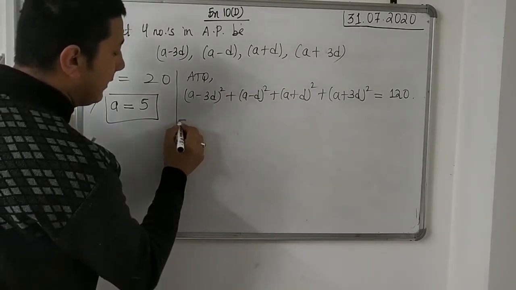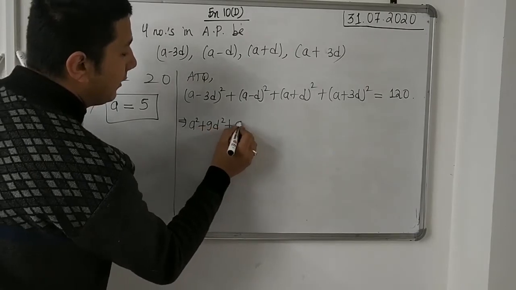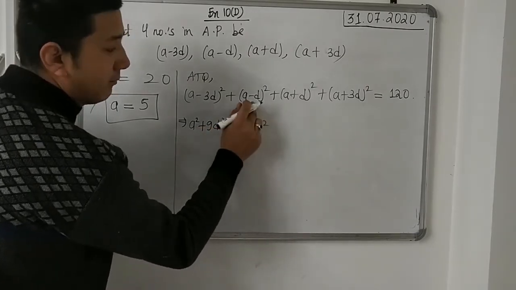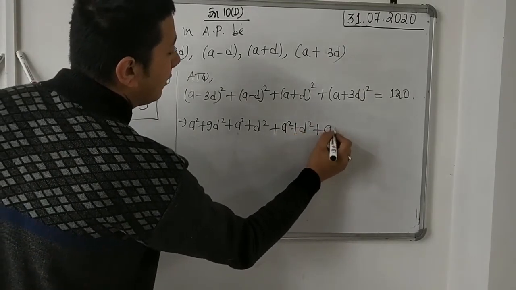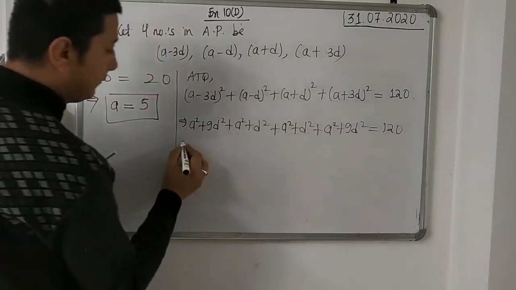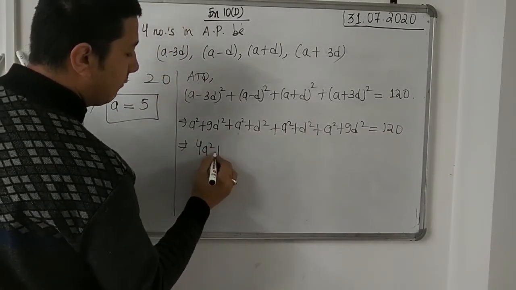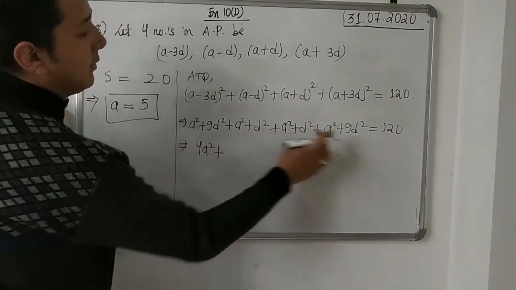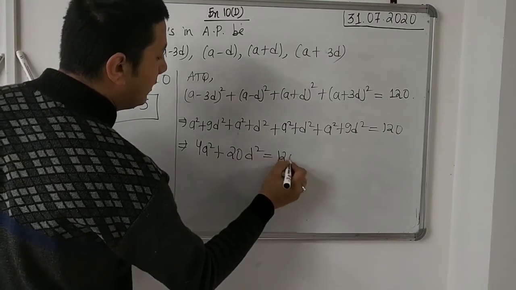So what I'll be getting from here is a square plus 9d square, a square plus d square, and from the other side a square plus d square and a square plus 9d square is equal to 120. So how many a squares? 4. 4a square, plus 9 plus 1 is 10, so 20d square equals 120.